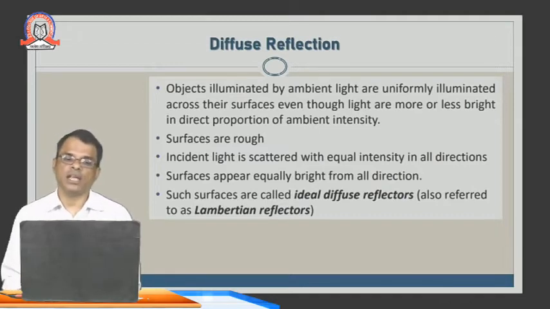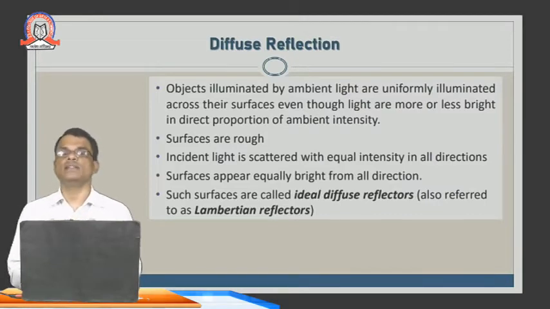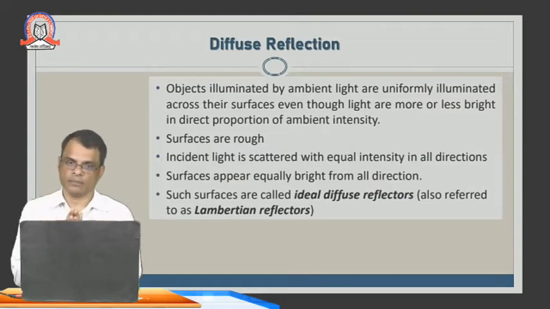Surfaces appear equally bright from all directions. Such surfaces are called ideal diffuse reflectors, also referred to as Lambertian reflectors. See what happens now? Usually these surfaces are rough, and when light falls on them, it gets scattered in every direction. So from all sides it looks properly illuminated. That we call diffuse reflection.